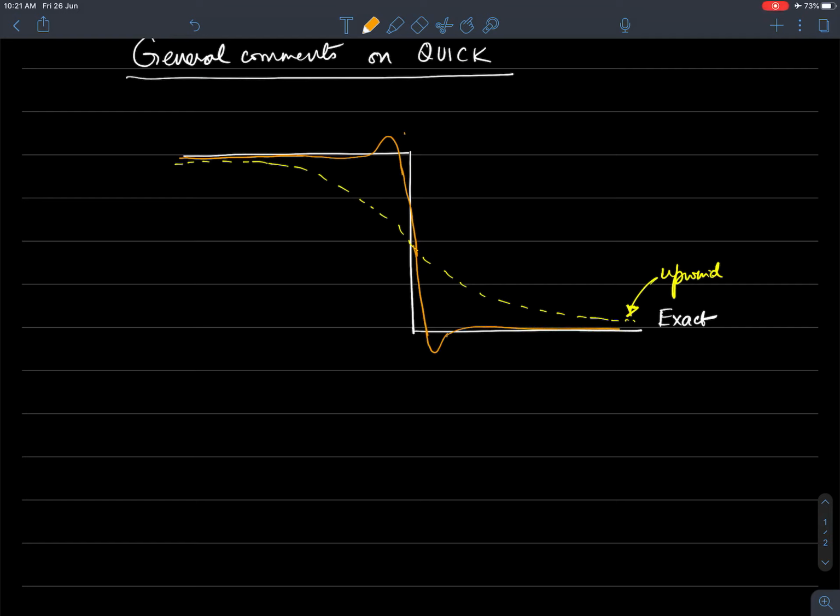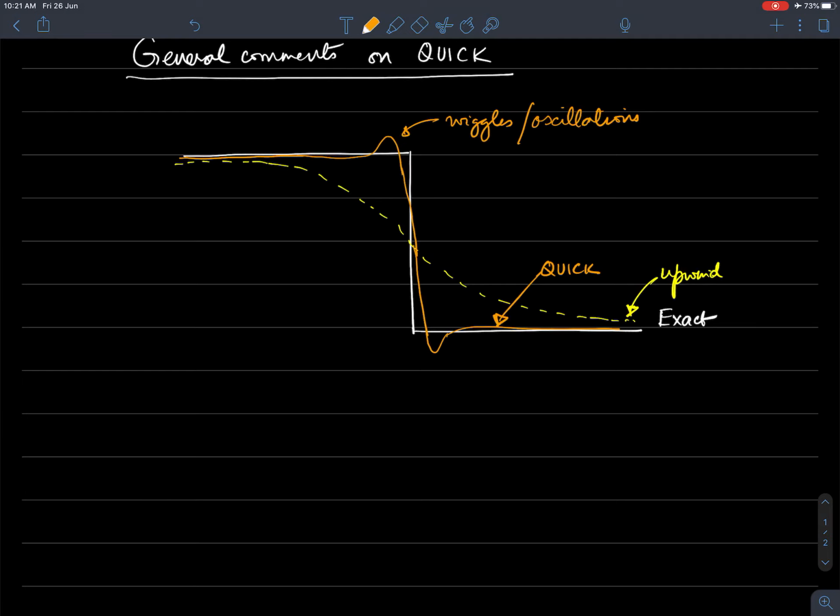I'm exaggerating these wiggles. These wiggles or oscillations would typically be seen in a QUICK scheme. So these are basically the dispersive errors in the solution.